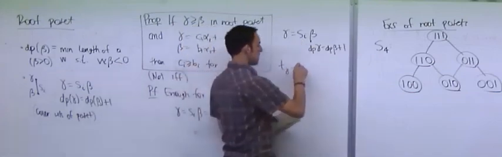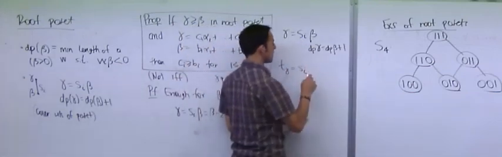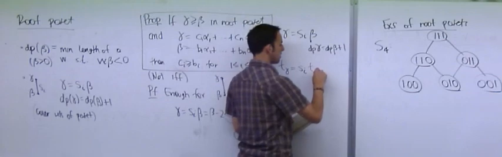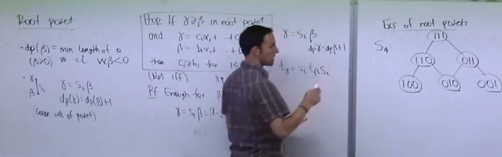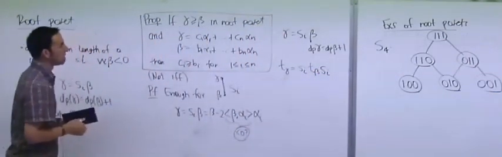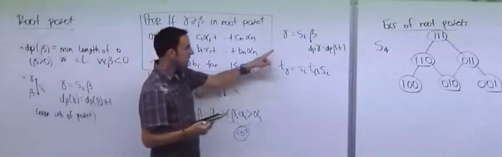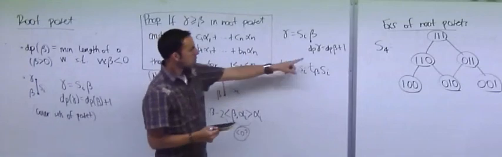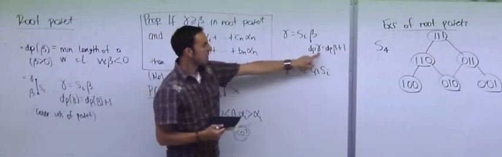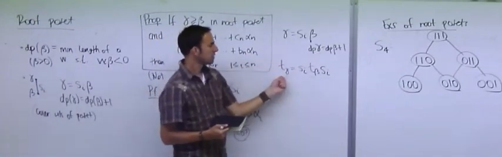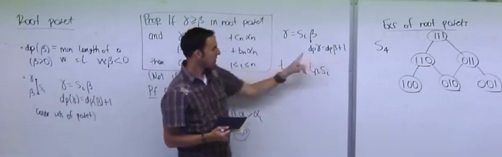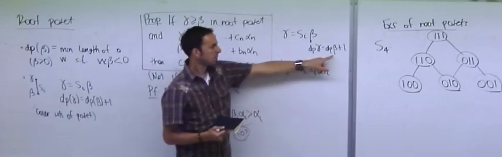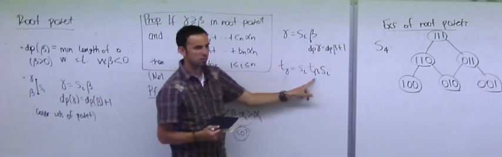So this is s_i t_beta s_i inverse, which is just s_i. So this is this translated to the group. Remember that the depth of gamma is half the length of this, and the depth of beta is half the length of this.